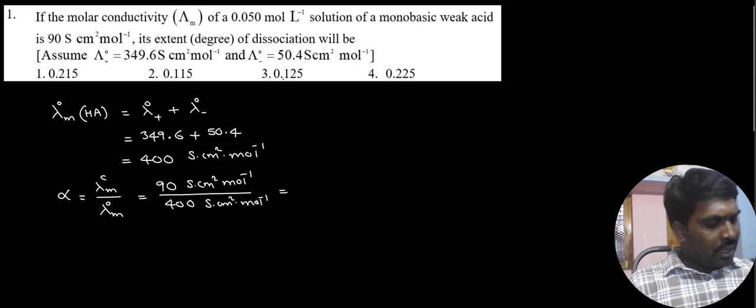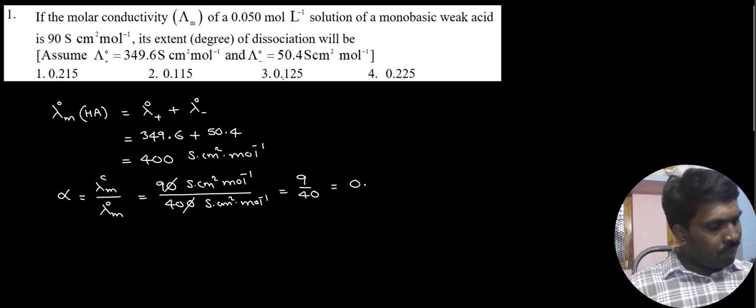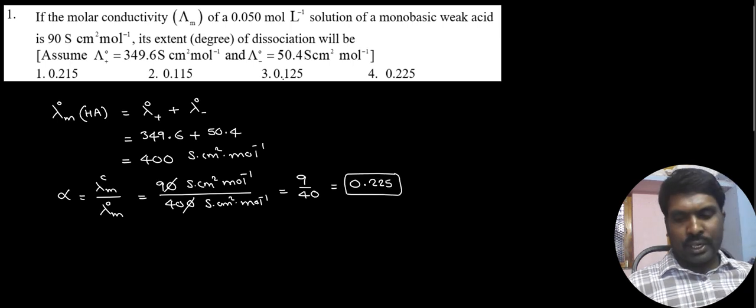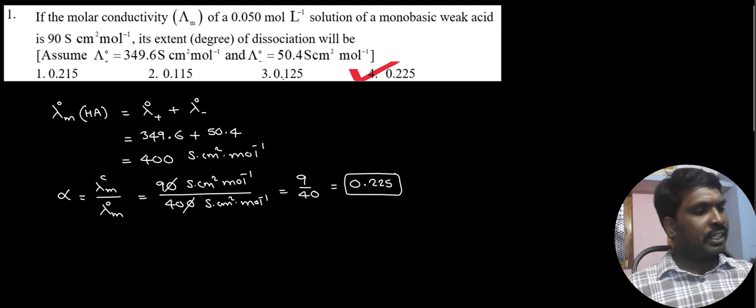Then you can cancel the 0, 9 by 40. Then 9 by 40 means what is the value? 0.225. This is the answer, 0.225. Then which option is the right answer? Option 4 is the right answer. Now moving to the next question.